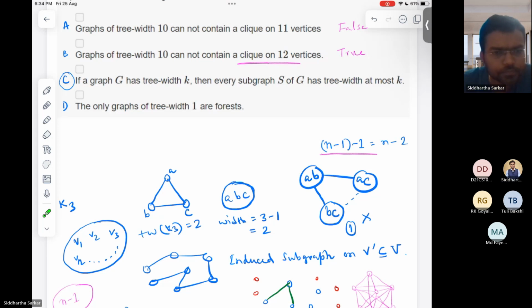A subgraph of G is a graph having all its vertices and edges in G. If G1 is a subgraph of G, then G is a supergraph of G1.